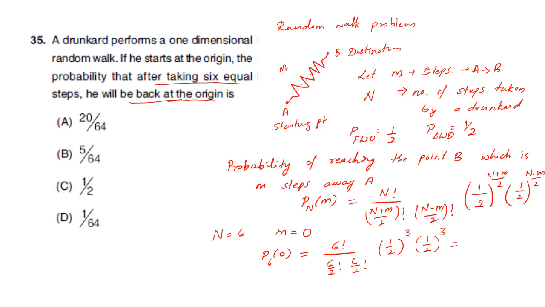So that is 6 into 5 into 4 into 3 factorial divided by 3 factorial into 3 factorial, that is 3 into 2, this and this cancel, into 1 by 2 cube, 8, into 1 by 8. So this simplifies to 20 by 64. Therefore the probability to reach the origin after taking 6 equal steps is 20 by 64.